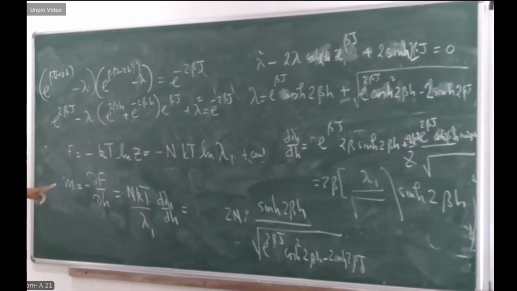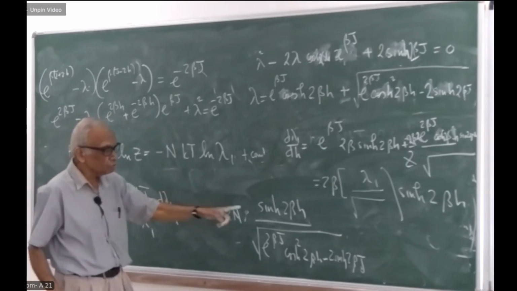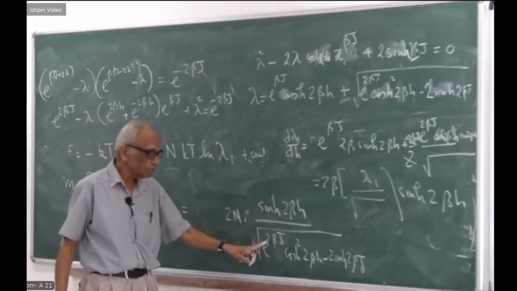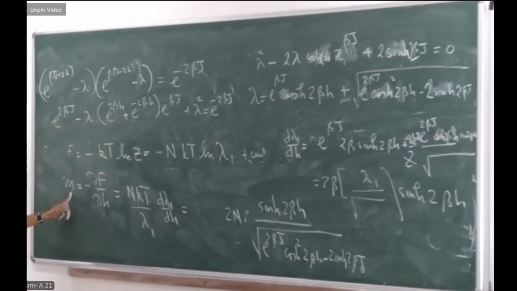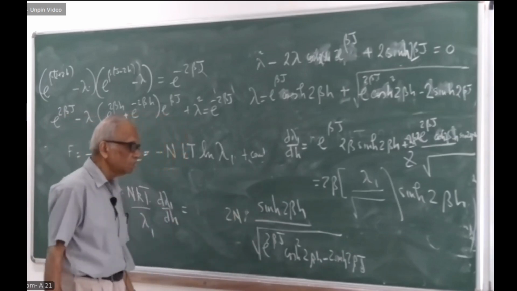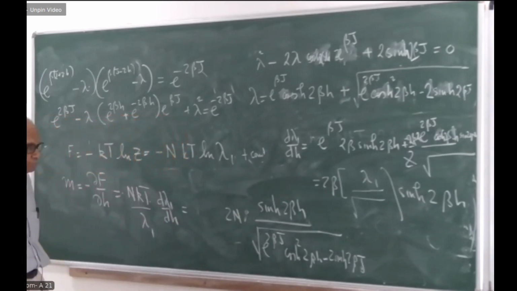And now you notice that if h goes to 0, the right hand side goes to 0 at all temperatures, and therefore there is no zero field magnetization. So no spontaneous magnetization in the system at any finite temperature.